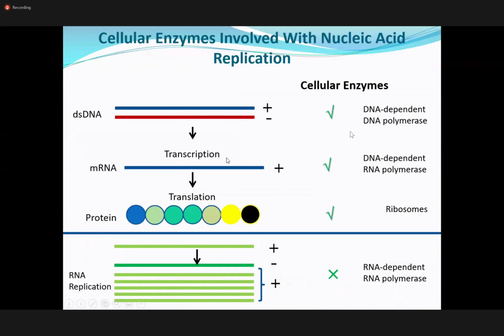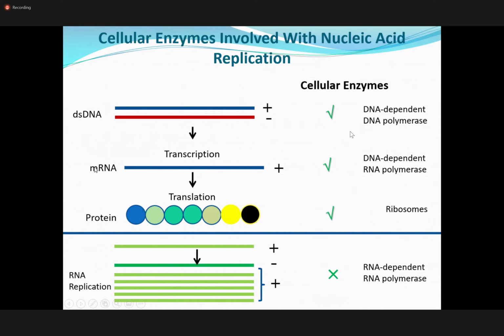Just to repeat the central dogma, you have double-stranded DNA, you transcribe from this minus strand a plus strand messenger RNA, which you can then use to create protein. And in the process of creating more double-stranded DNA, you use this enzyme called DNA-dependent DNA polymerase.